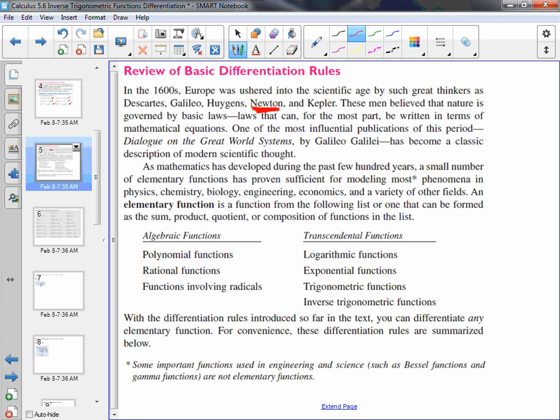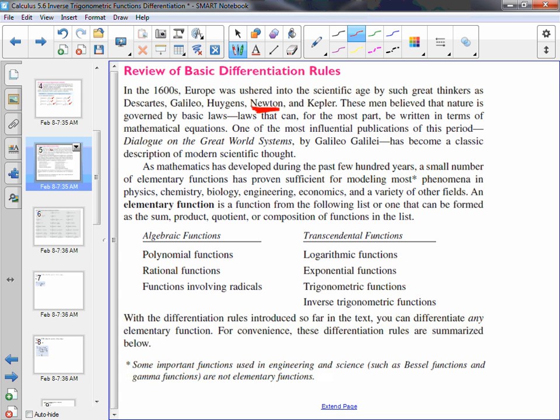And they do tell us that some important functions used in engineering and science are not elementary. I don't even want to see those. Okay? So an elementary function is a function from the following list, or one that can be formed by making the sum, product, quotient, or composition of one of the elementary functions.